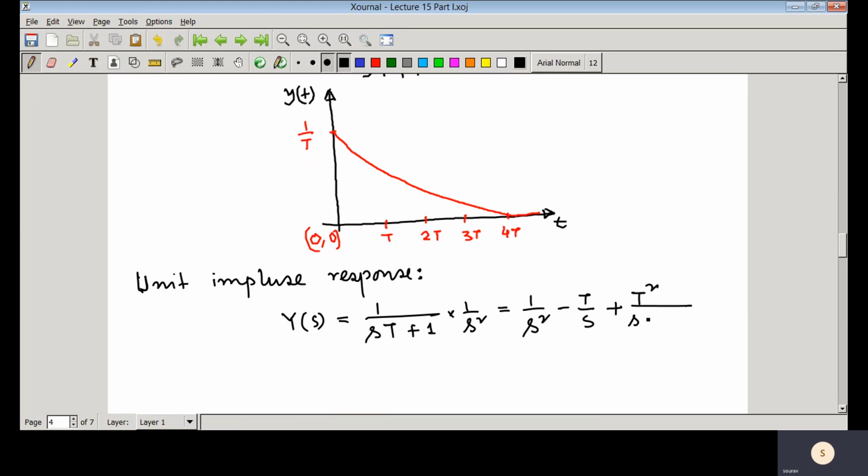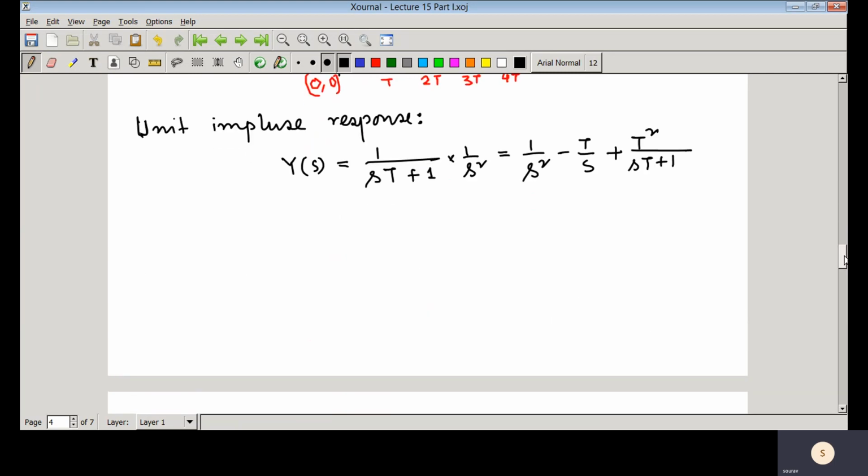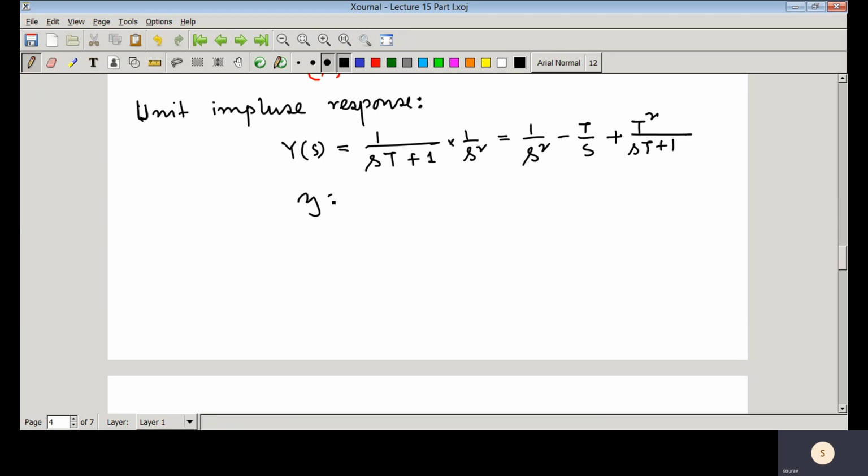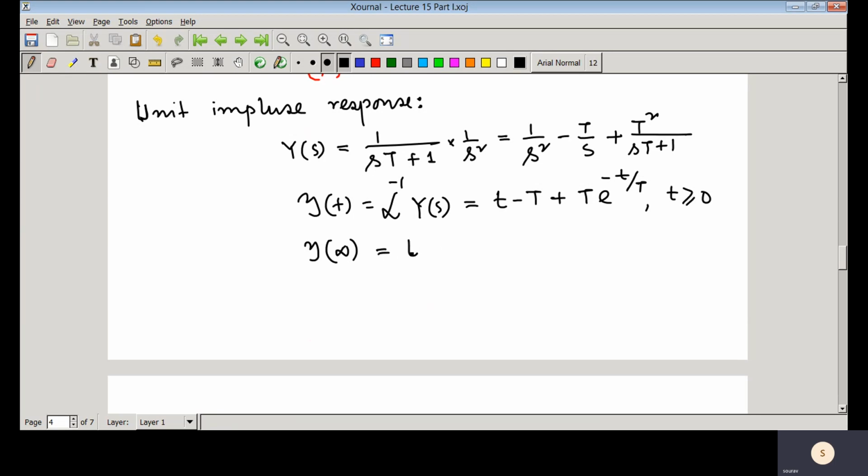Here we get y(t), the Laplace inverse of Y(s), and that we get is t - T + T e^(-t/T), t greater or equal to 0, and y(∞) equals t - T, and here that error at t tends to infinity, what we get.